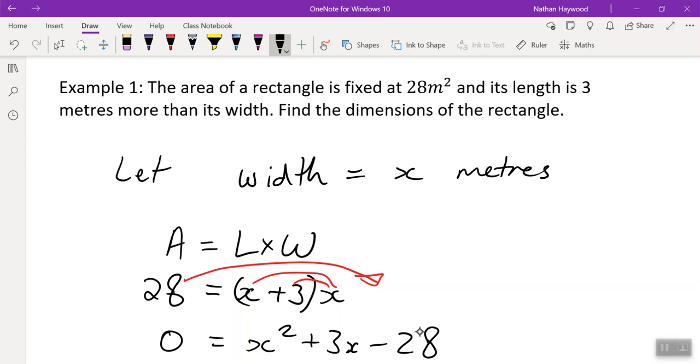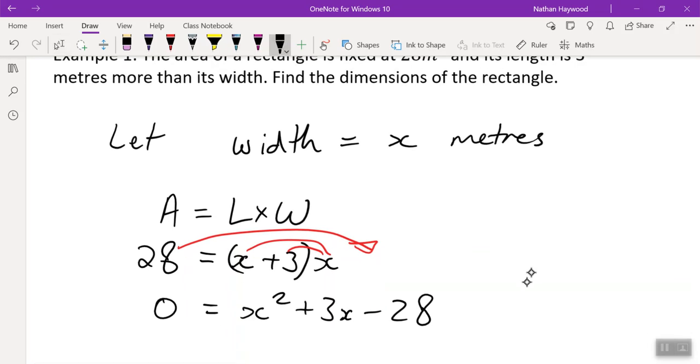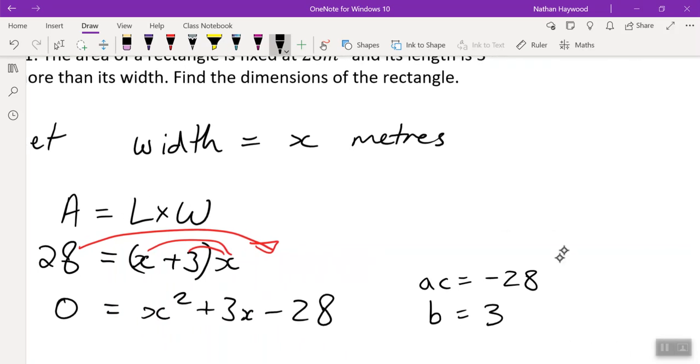Now we have to factorize. Very good. We can use the ac method or the cross method, if anyone knows what that is. So the c value times the a value is negative 28. The b value is, everyone? 3. Two numbers that multiply to get negative 28 and add to get positive 3.